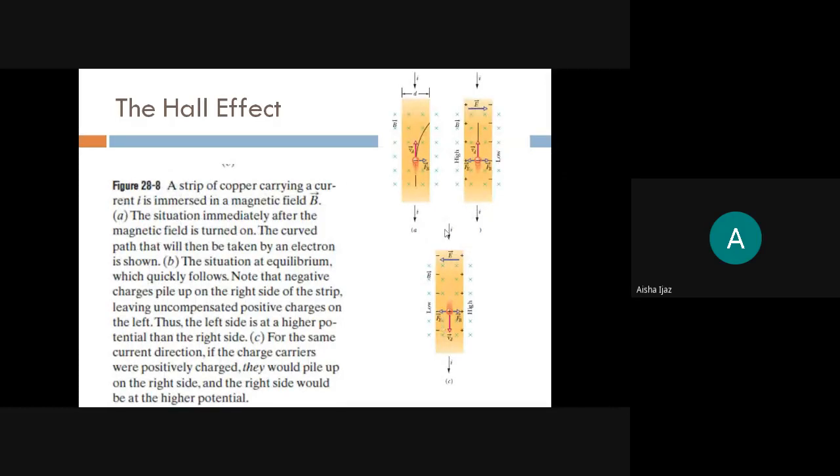For figure C, this is reversed. The left side is at the lower and the right side is at the higher potential, and the field direction also reverses because the protons are moving here, and the force direction is again the same. But with the same amount of current flowing in the same direction, if you reverse the current direction, then obviously this direction will change.